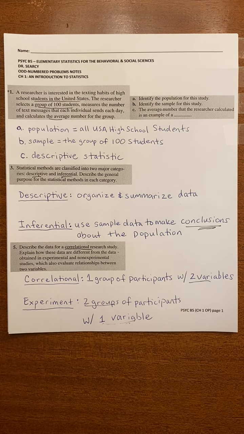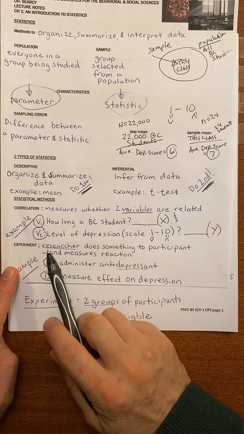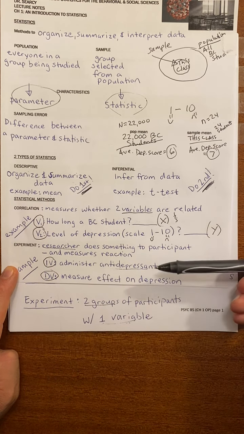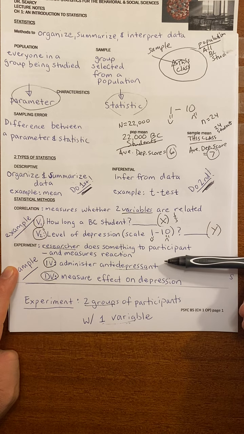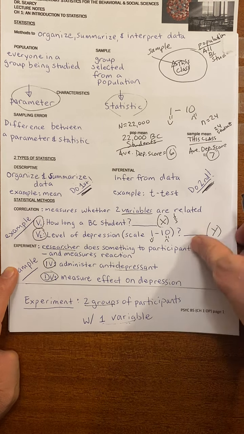Let's say we do an experiment, and in the lecture, I said that an experiment is where a researcher does something to a participant and then measures the reaction. And we were saying the thing that we were going to do was administer an antidepressant to some participants and then measure the effect on those participants' levels of depression.